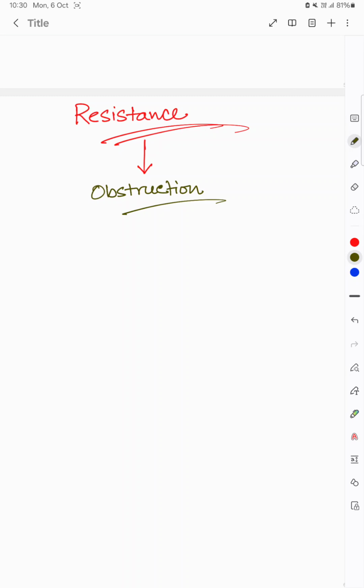The resistance of a conductor arises due to the obstruction offered to the flow of electrons by the atoms or ions of the material. When an electric current passes through a metallic conductor, put a comma and then write, the free electrons move through it and frequently collide with the vibrating atoms. Put the full stop.